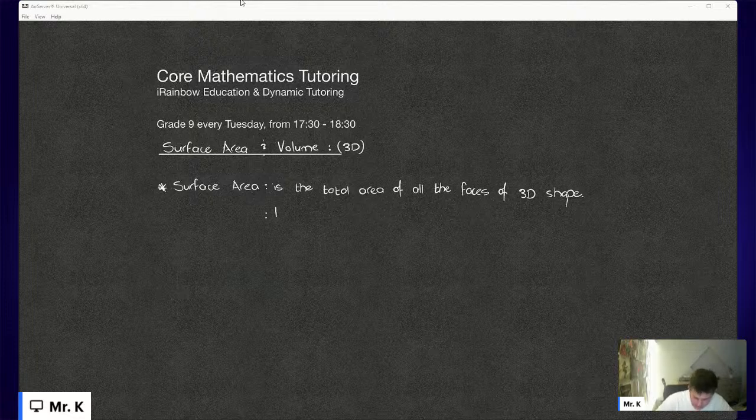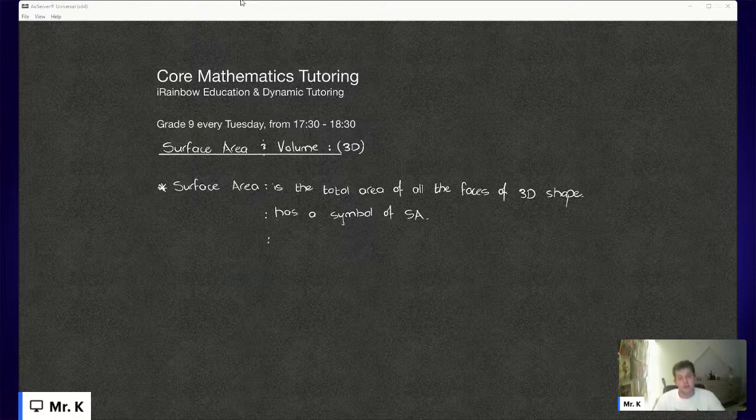Surface area has a symbol of SA, so you are allowed to use SA as an abbreviation or literally as a symbol when it comes to your solutions that you're writing down. And finally, surface area is measured in square units.